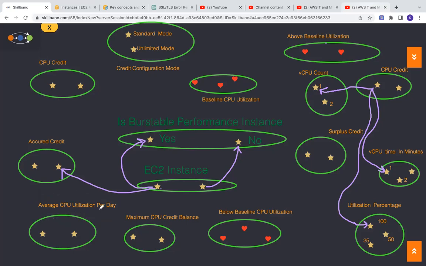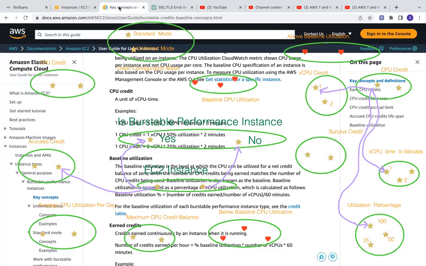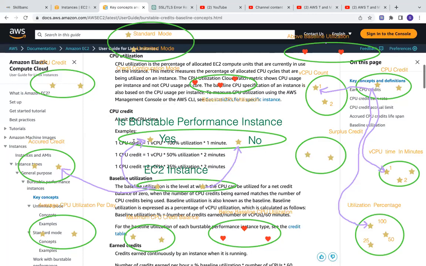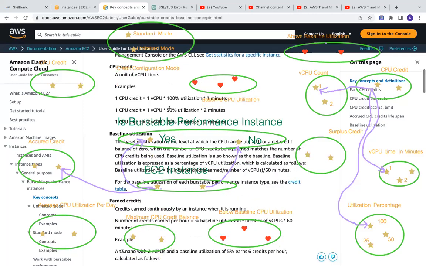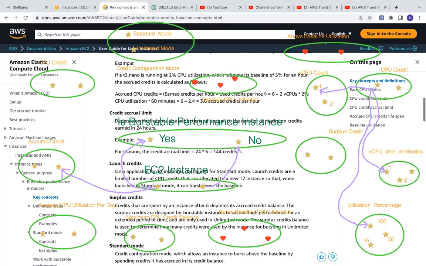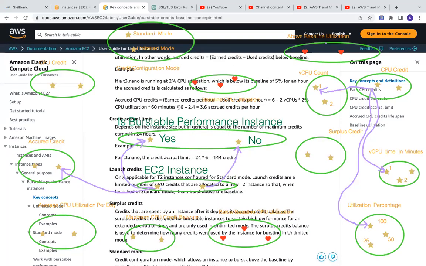that all that calculation, which we have in detail here. Let me show you that very quickly. Key concepts. So here, how vCPU is calculated, and then how it will calculate based on the instance type.